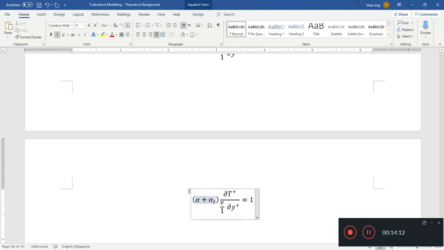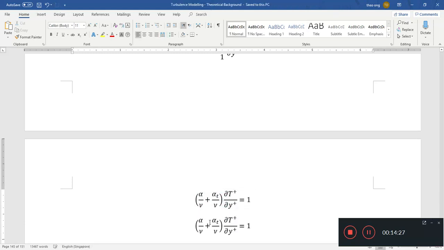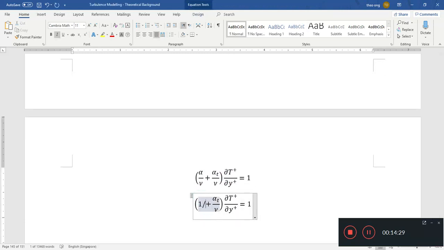This divide by nu, this divide by nu. So that gets rid of the problem here. So what is this? This is actually the inverse of the Prandtl number, which is very convenient for us. 1 divided by script PR.